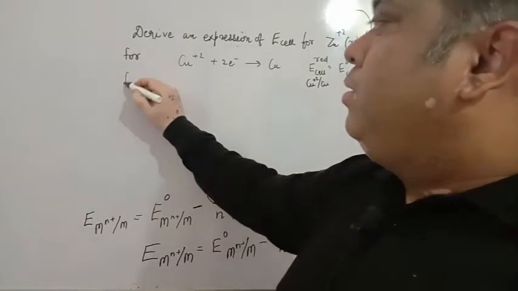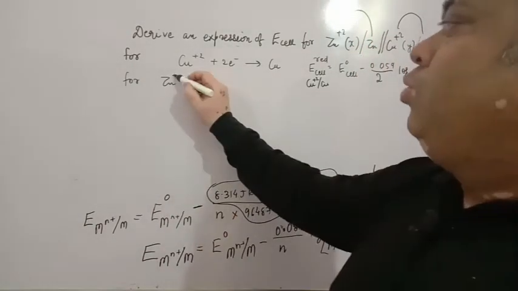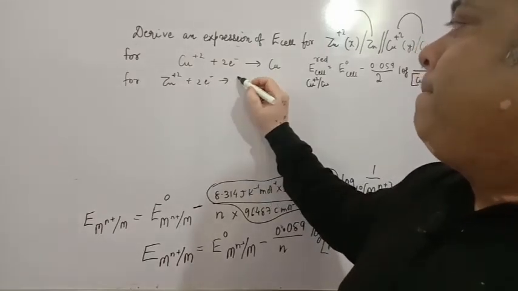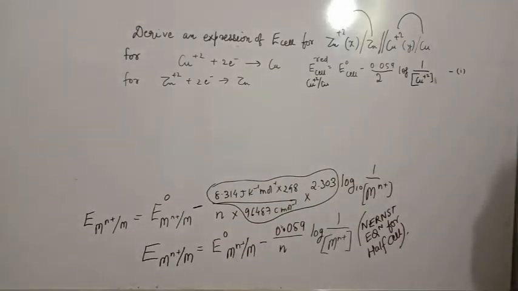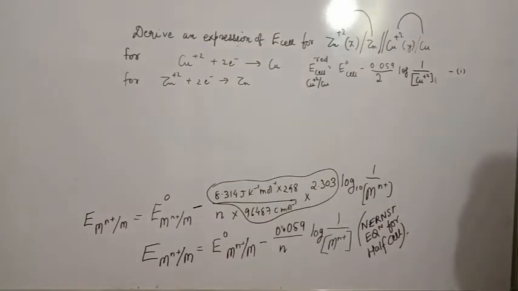Now for reduction of Zn2+ gaining 2 electrons and becoming zinc. Although zinc oxidizes, we have taken reduction because we always have to calculate in terms of reduction potential.